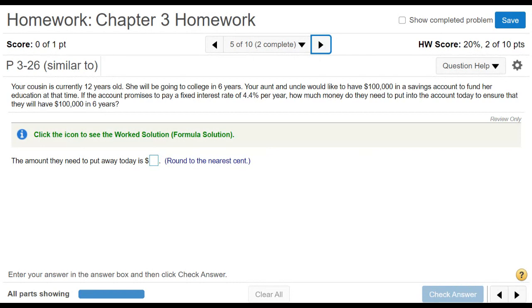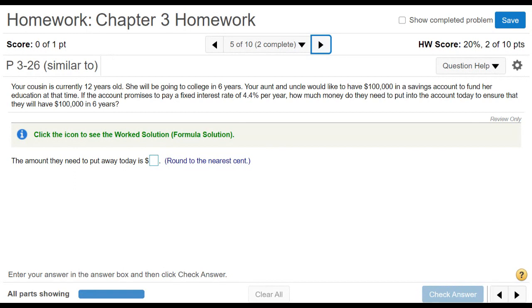So the number of periods is going to be 6. I/Y is going to be 4.4. Payment is going to be 0. What I expect to have in the future is $100,000.